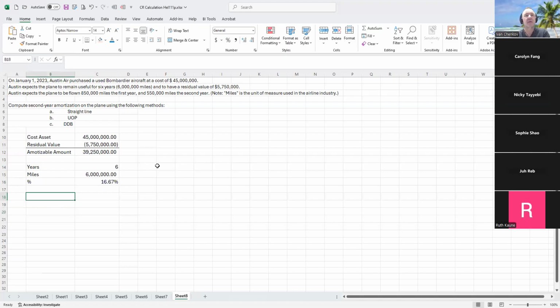So let's go with the straight line method. Do I know my depreciation per year?